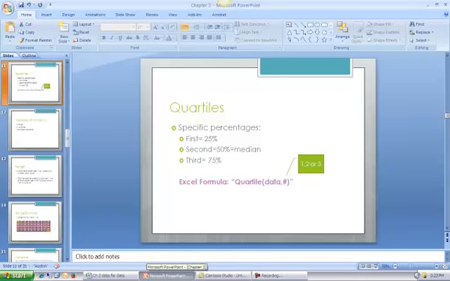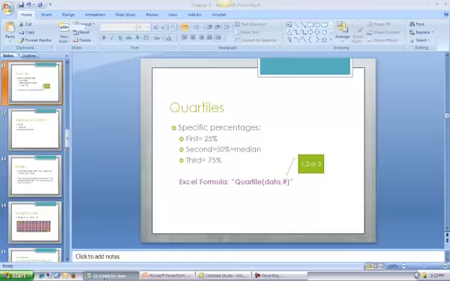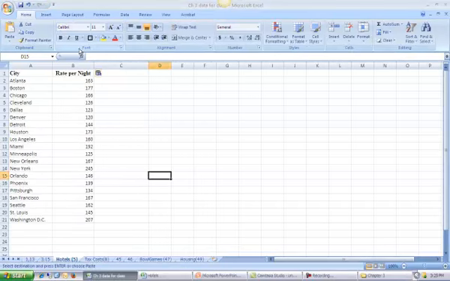So let's look at another. Here we have a list of 20 cities and their average hotel rates per night. We were asked to calculate a mean, a median, a first quartile, and a second quartile.